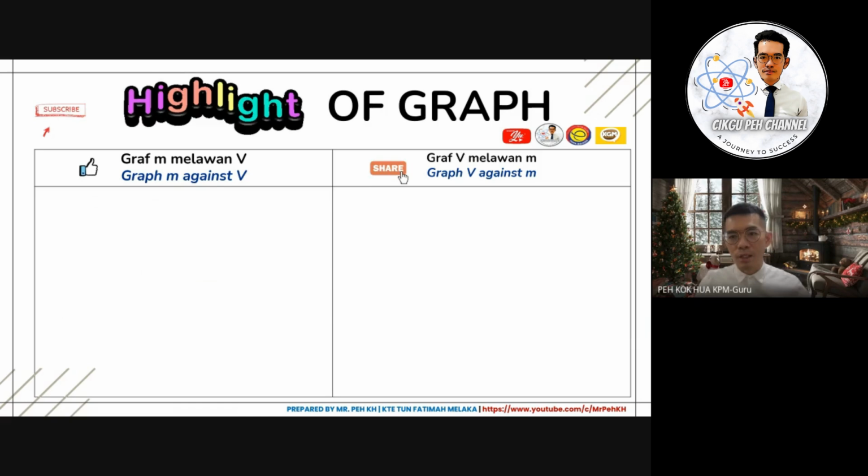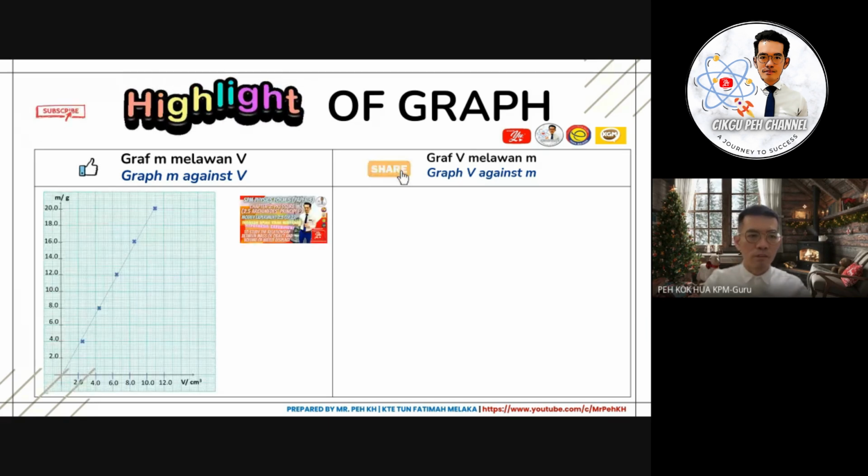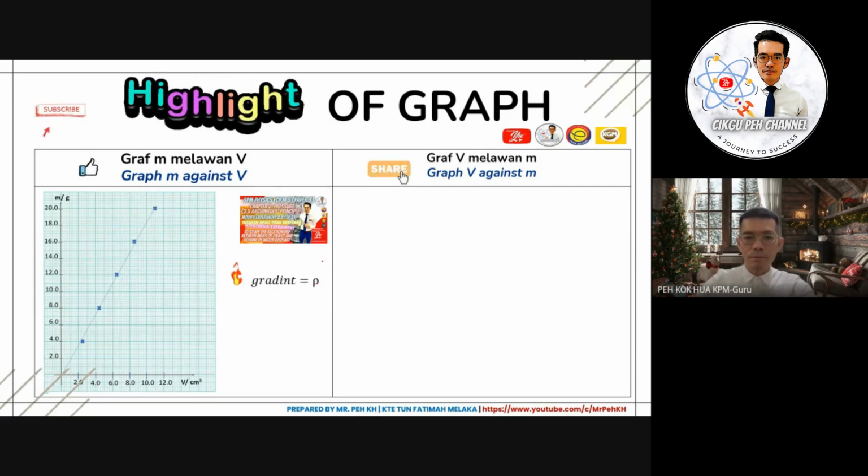You can see there are two types of graph possible to tell us opposite meanings. Just now we went through the discussion for the graph M against V, so the gradient represents the density of the object.